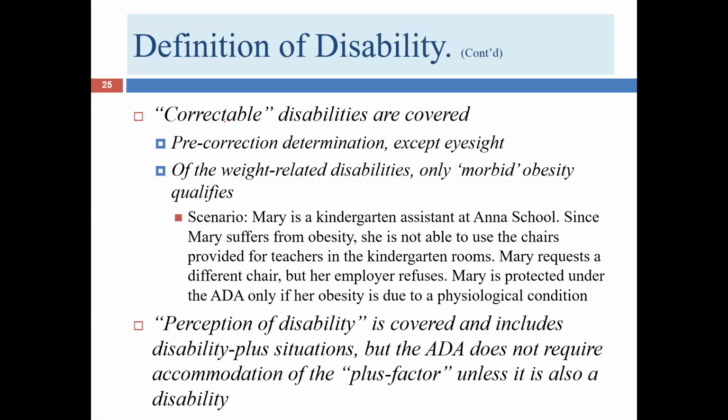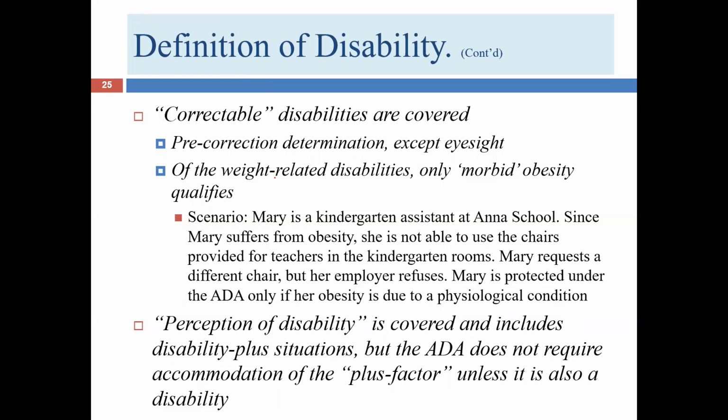Correctable conditions, again, this goes to the mitigating factors issue, are also covered. We consider the pre-correction situation, before the person puts in the hearing aid, before the person is given the medication that sustains his life. Again, the one exception is eyeglasses.